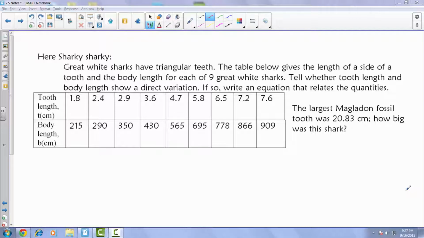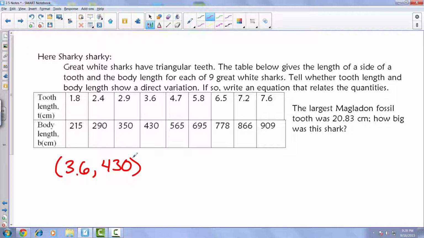Now, as we can see, we have several different tooth sizes and the corresponding overall body length that they should be. So I'm just going to randomly pick one. We'll go with 3.6 comma 430. Right there we have an x and y point, 3.6 comma 430.